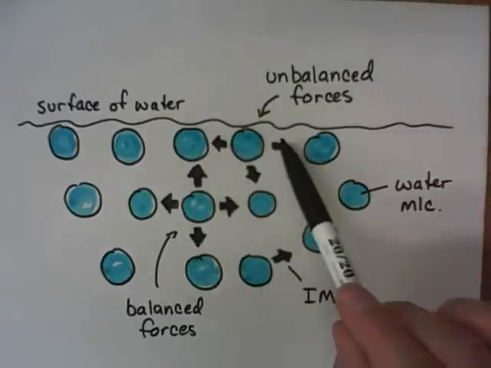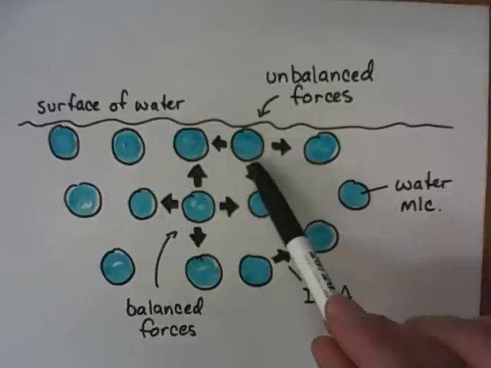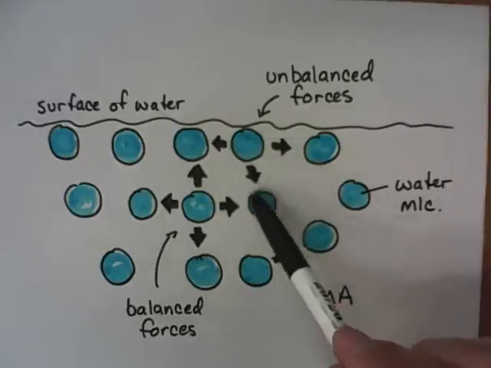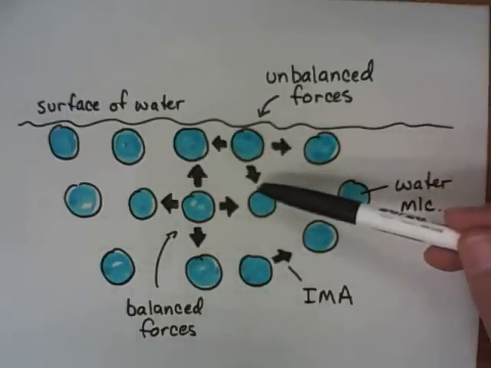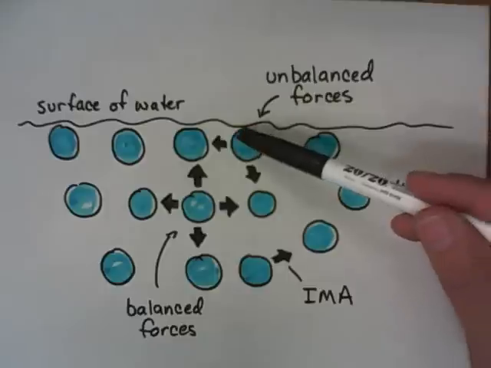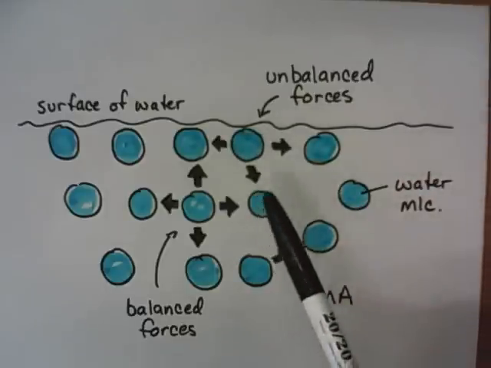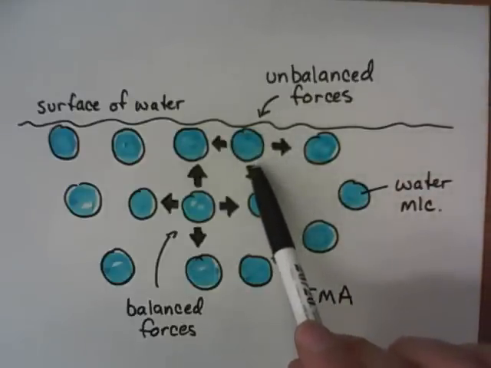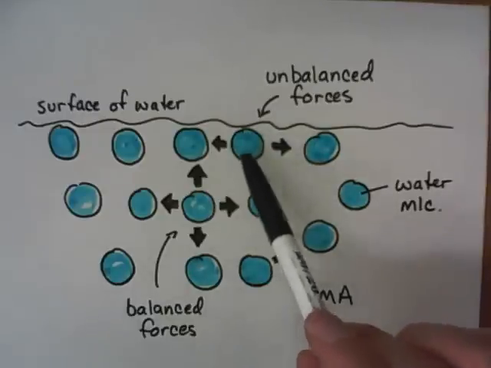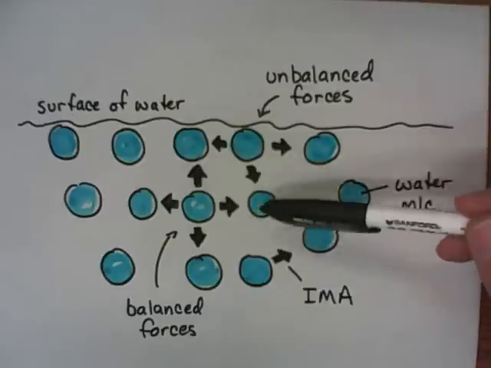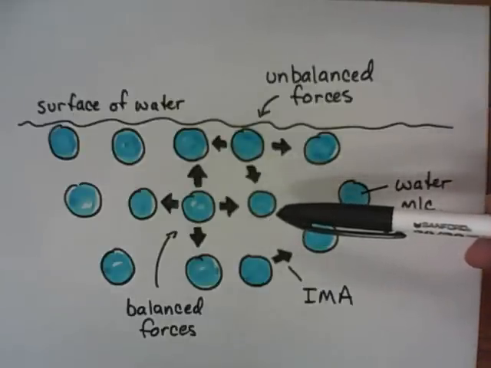So although these two forces will balance each other and cancel each other out, this attractive force downward, or into the water, is not balanced by anything. So for this surface water molecule, there is a net pull on him, pulling him down into the water.